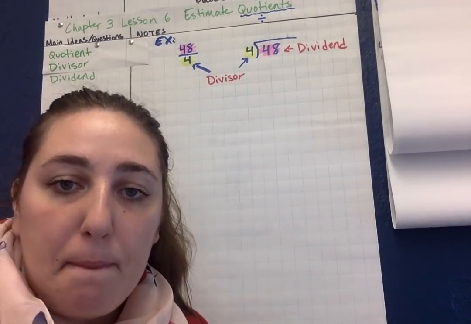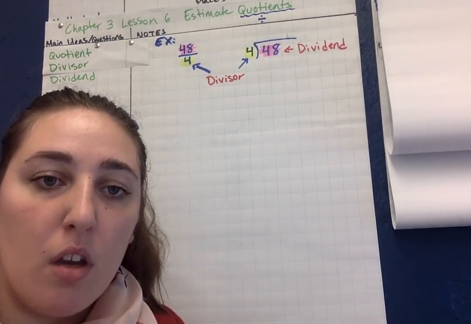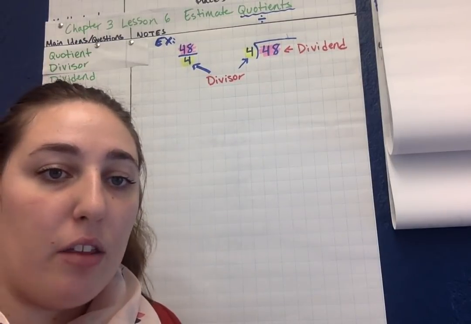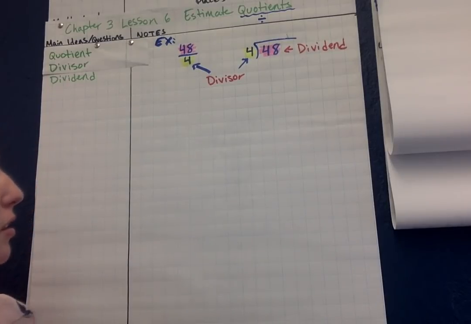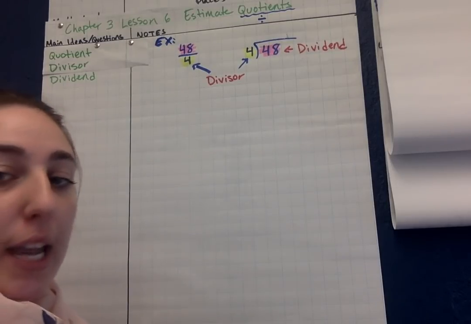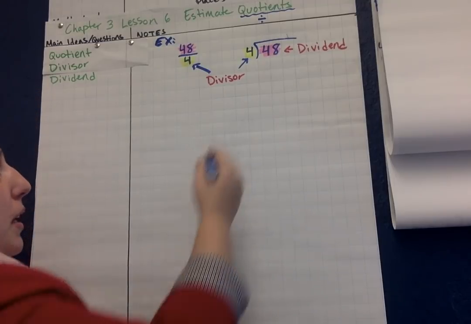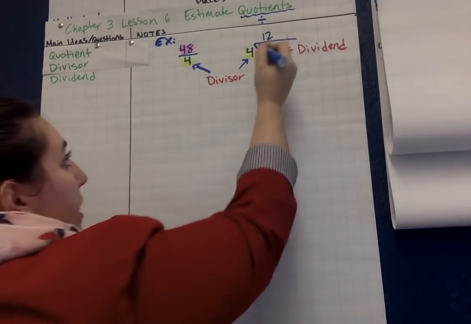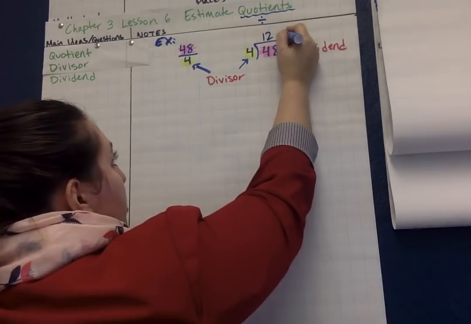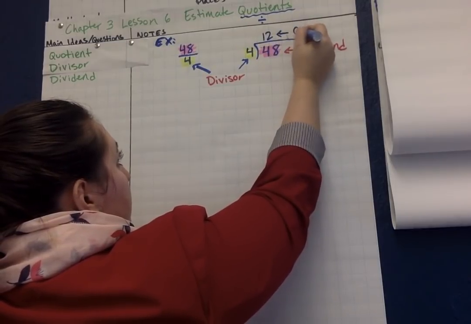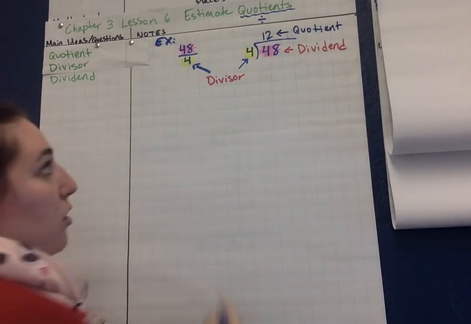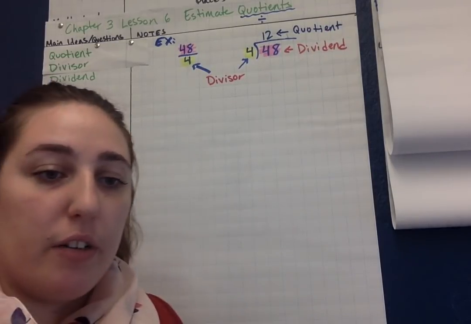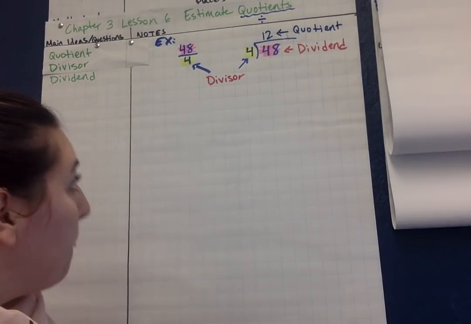Once we divide those numbers, we're going to get our quotient. So 48 divided by 4 is going to be 12, and this 12 is our quotient. Our quotient is like our answer for a division problem.